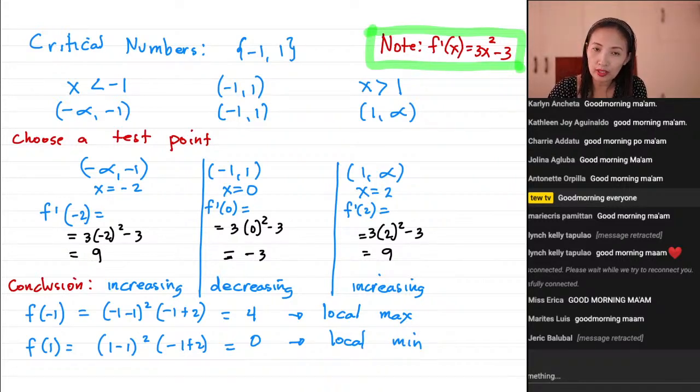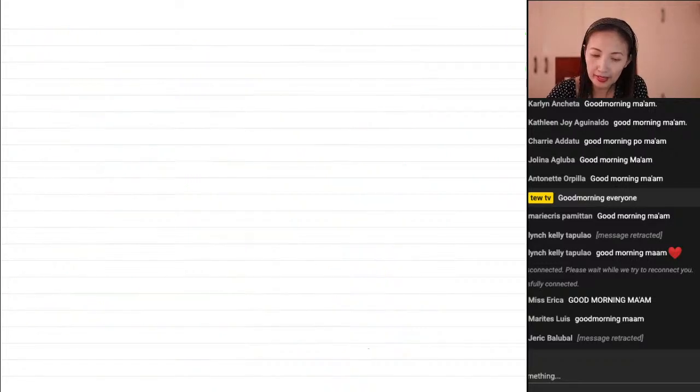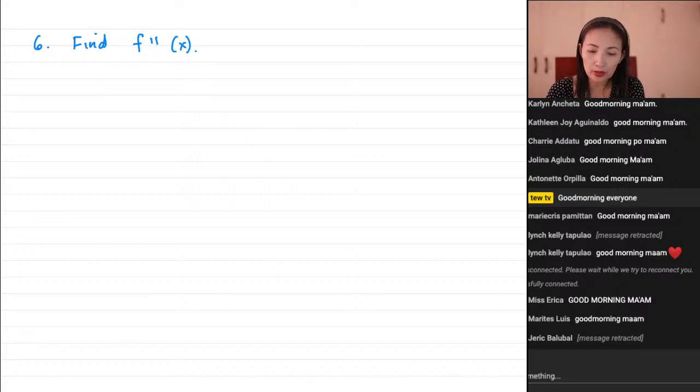Now, we proceed to step number 6. Step number 6, find f double prime of x. And then we set f double prime to 0 to see if there is an inflection point, or to check whether the function is concave up or down. Again, look for intervals.